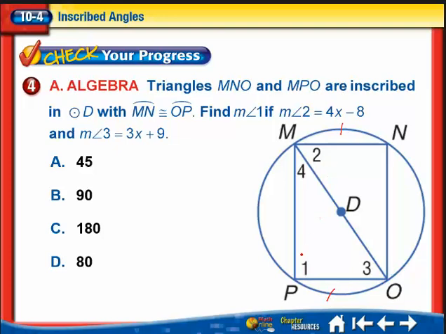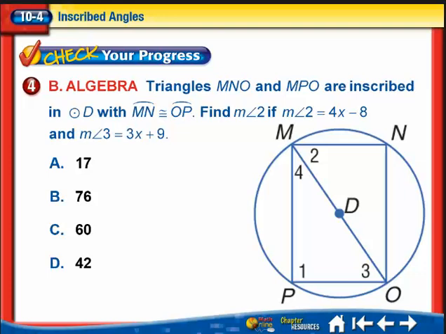Okay, do I really need to know this information here to find angle 1? If it intercepts the diameter, I should not even calculate anything, because if I remember the rule, if it intercepts that diameter, it's automatically a right angle. Okay, so sometimes you're going to have extra information.